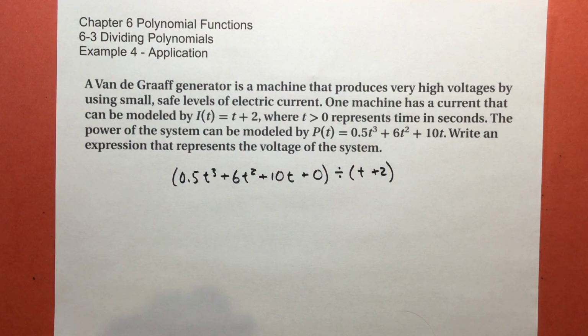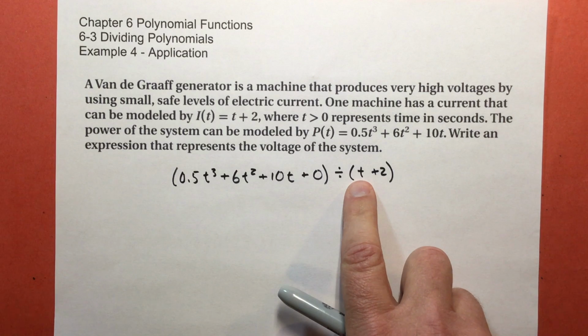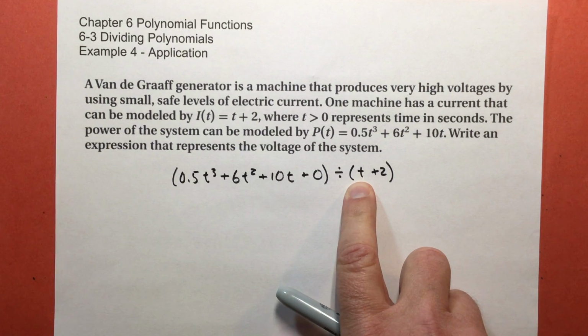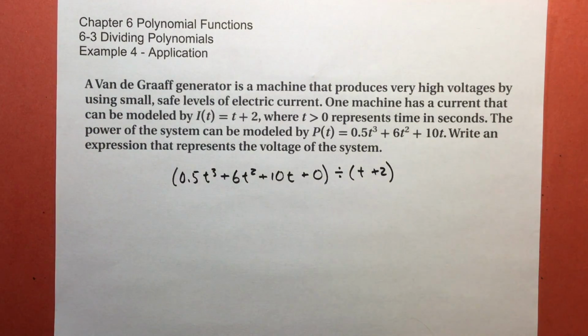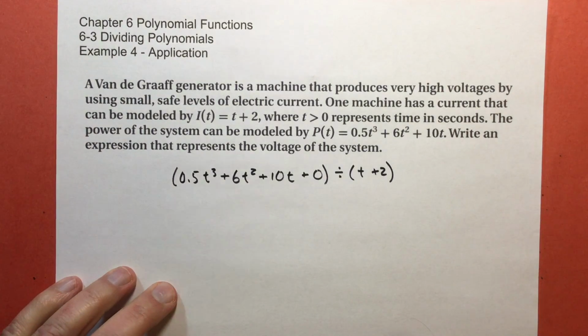Since the problem does not tell you how to do it, you can use long division. You can use the area model. It's all good. Synthetic division, though, only works if you have no coefficient other than the hidden 1. So I'm going to use synthetic division.